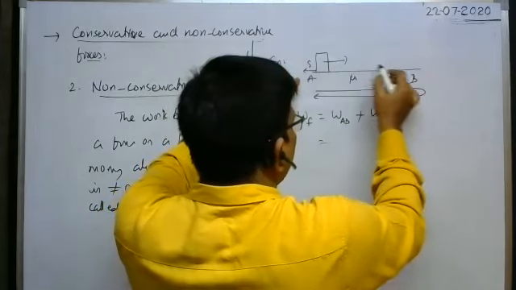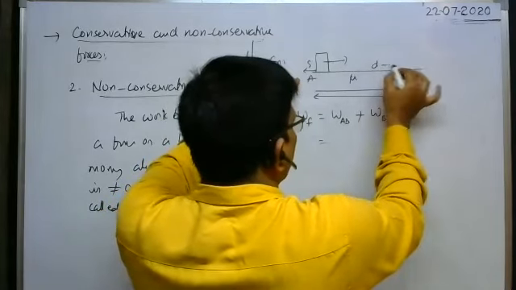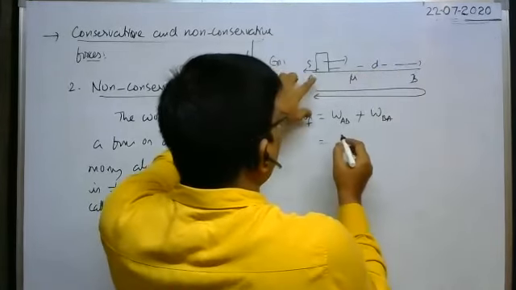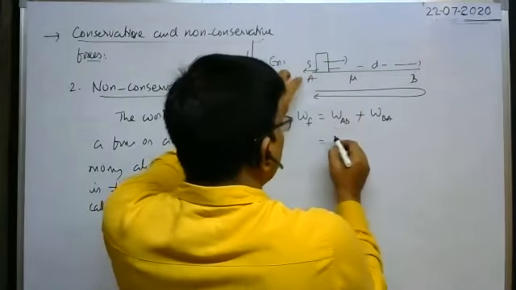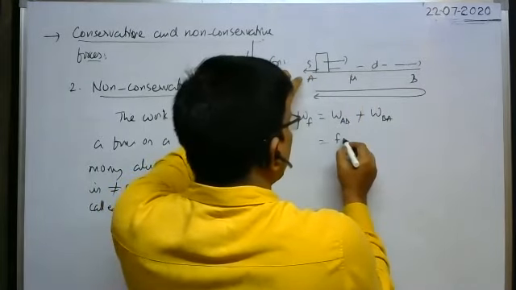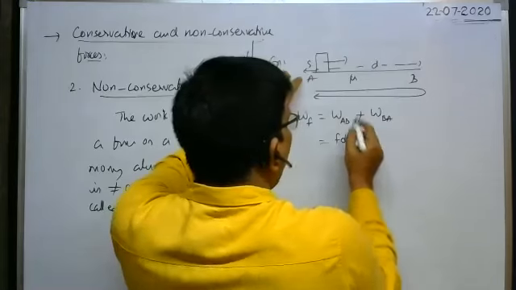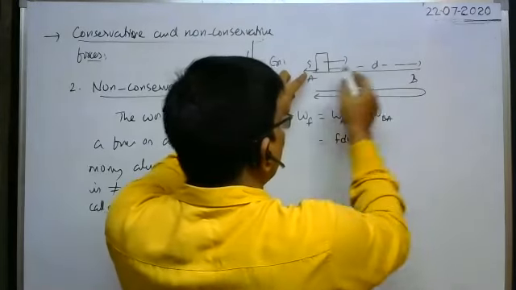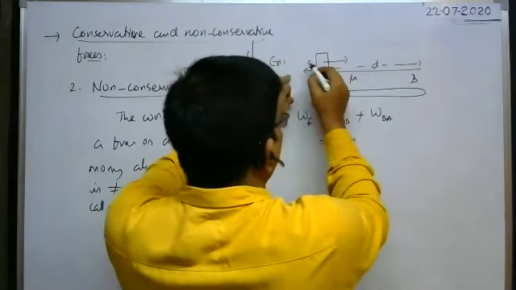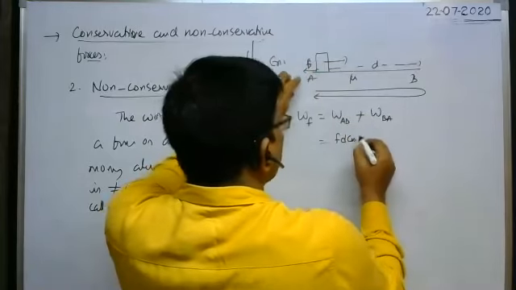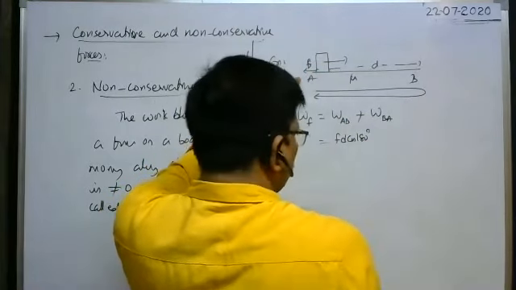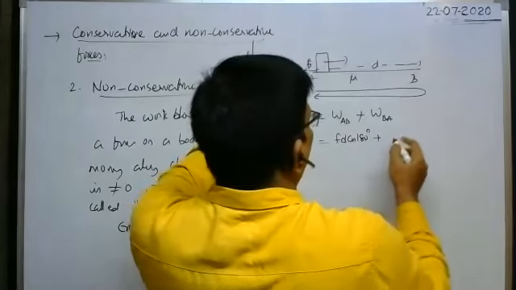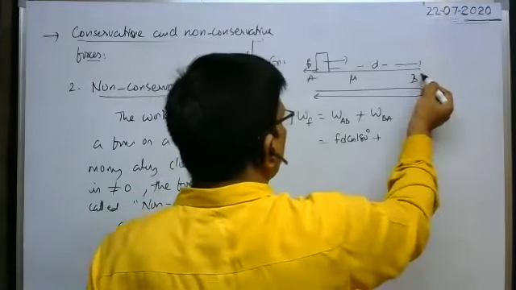From A to B, the displacement of the body is d. Frictional force acts in the opposite direction, so work done is F into d into cos 180.